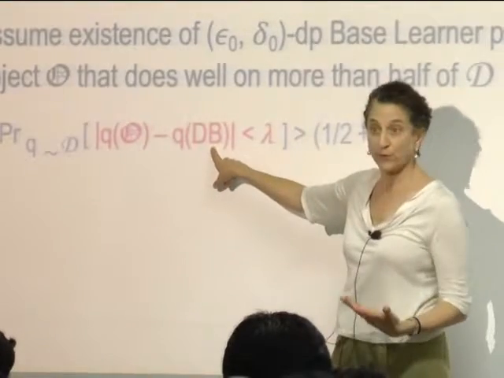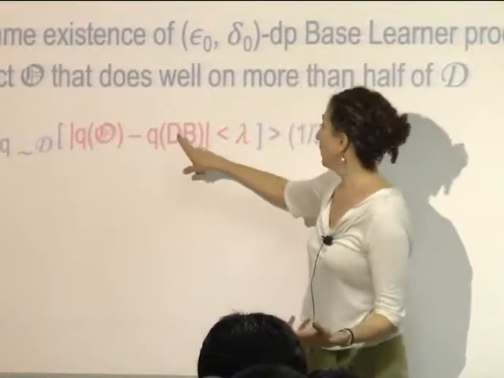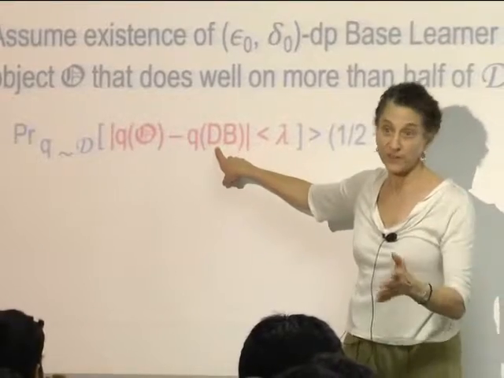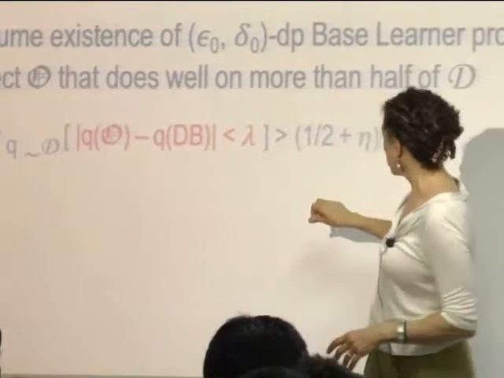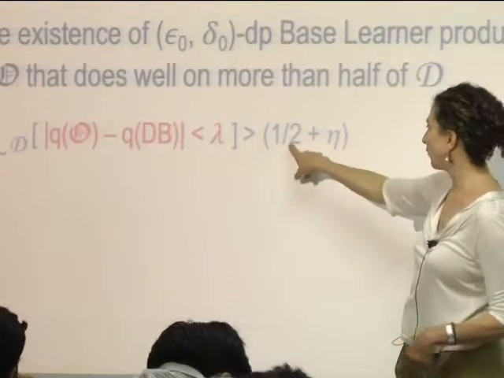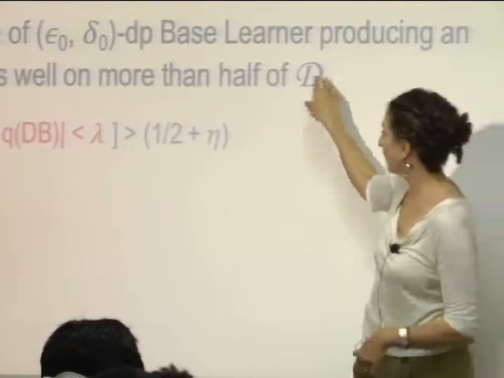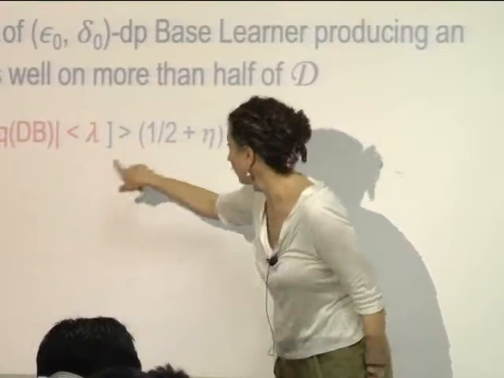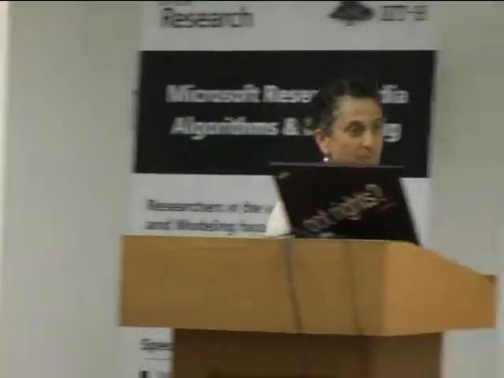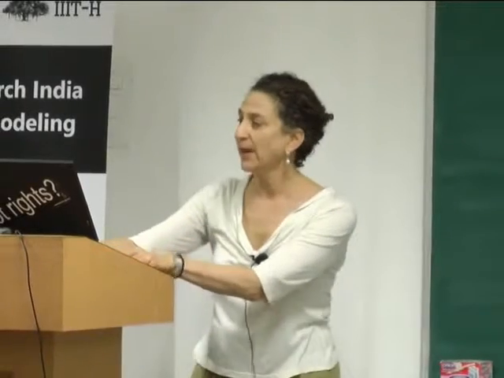Good is going to mean for us that the value that we get when we apply the query to the object is within lambda of the true value of the query on the database. So we want that probability to be more than, by a constant fraction, half of the weight of this distribution. So the probability, if I choose according to that distribution, of getting a good answer should be more than a half plus eta.